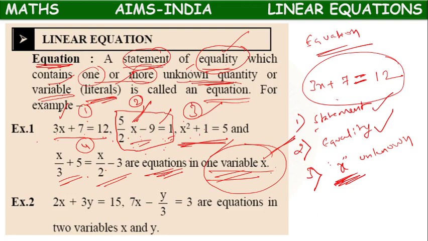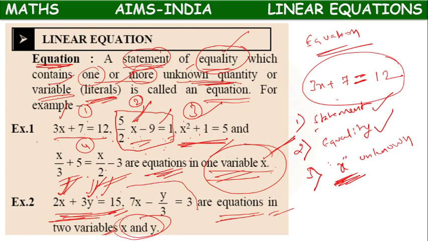Sometimes we can have equations like 2x + 3y = 15. Equality is there, unknown value x is there, unknown value y is there, so it is an equation. But here there are 2 unknown values. In one equation we have 2 variables, so it is an example of an equation in 2 variables, x and y.